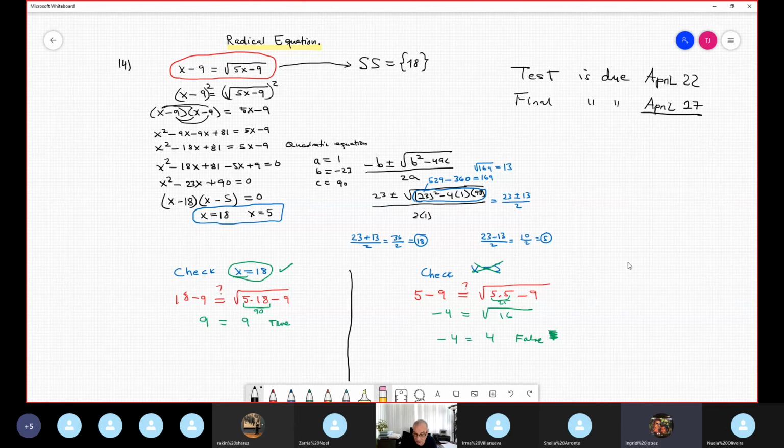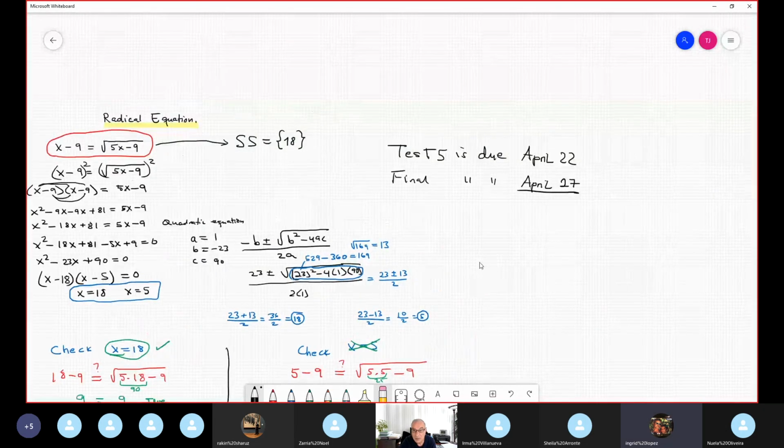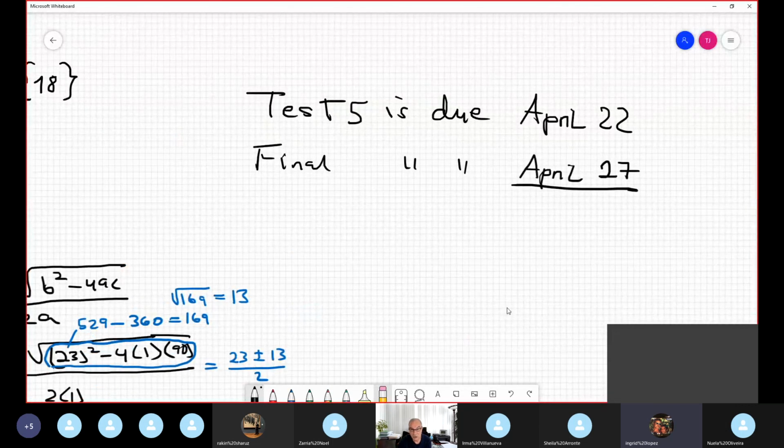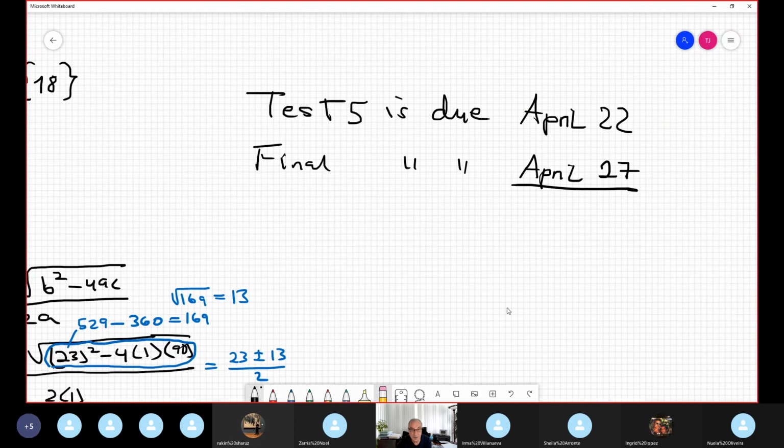Okay, no, the one on the 22nd is number 5. Yeah, I forgot to say 5. And on the 27th it's the final, no? Do you see the whiteboard or no? The final is the 27th. Is that going to be on paper? No. We have test 5 on paper and online.